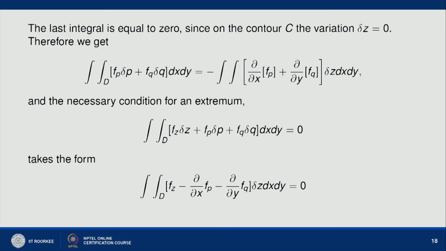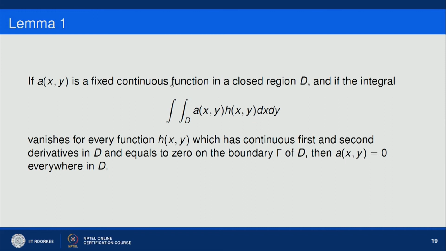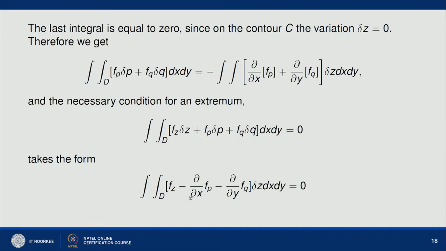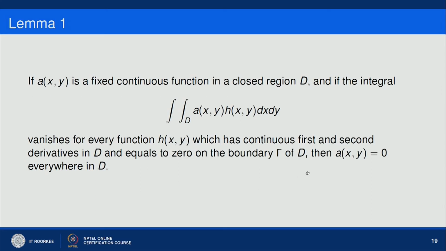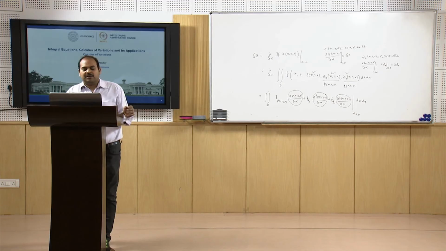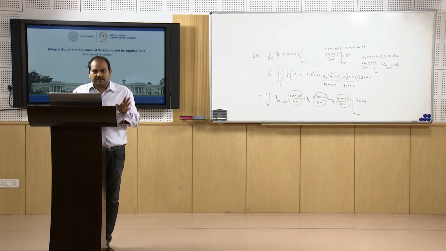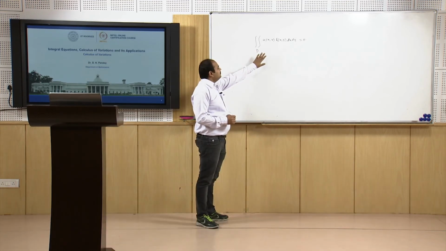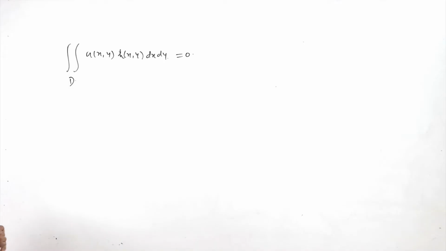If we take this lemma as true, then we can say that A(x,y), which is this quantity, has to be 0. To prove this, we may generalize the concept produced in previous lectures.